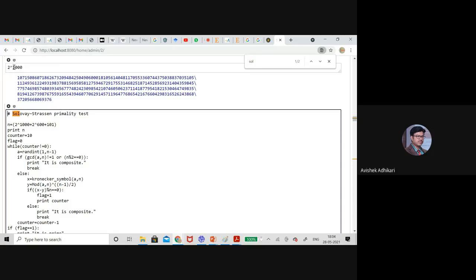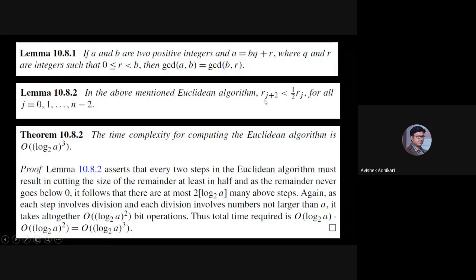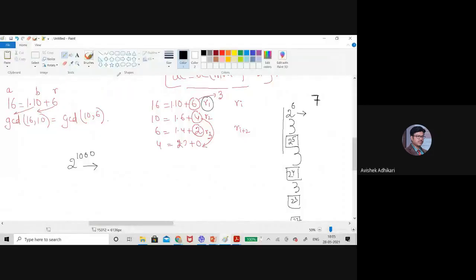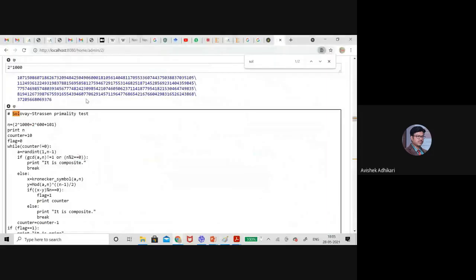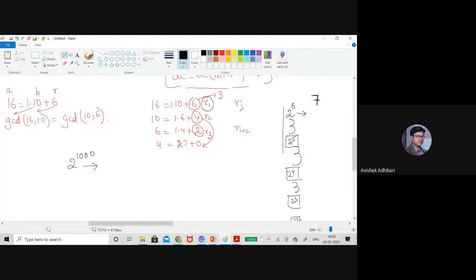You can understand that according to this rule, if it is followed, then it will converge within maybe twice of 1000, maybe 2000 steps, because in every 2 steps, it's reduced by half. So around 2000 steps, it will go down to 0. That means it's very fast.